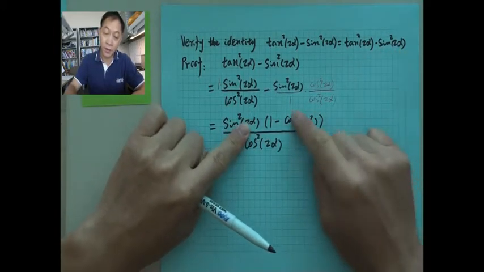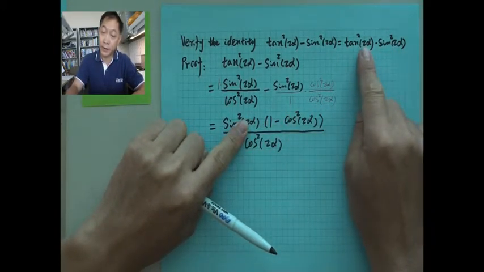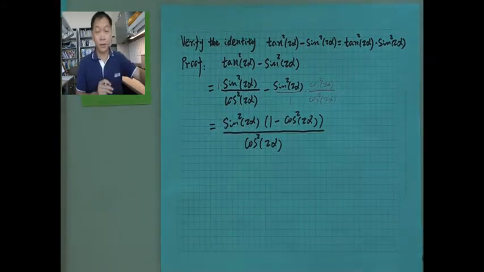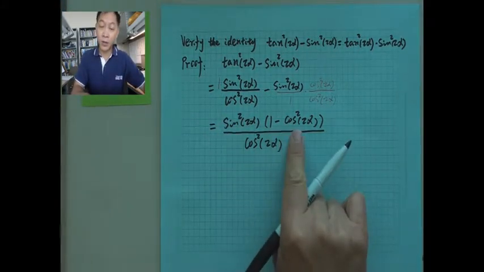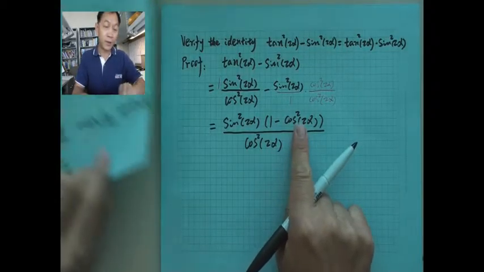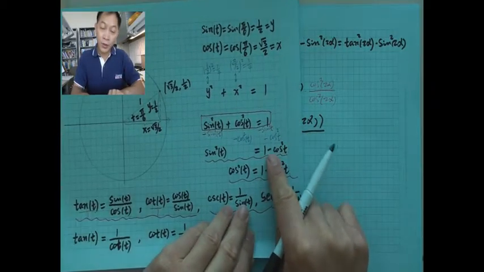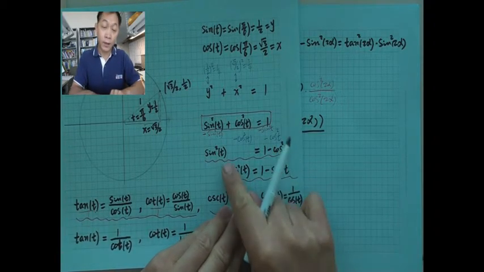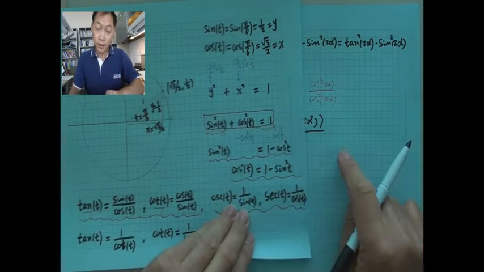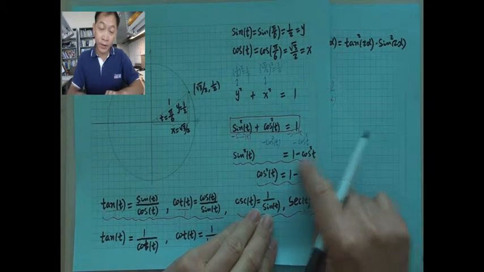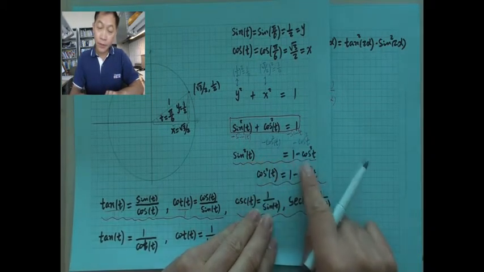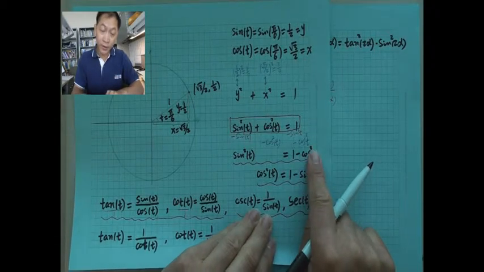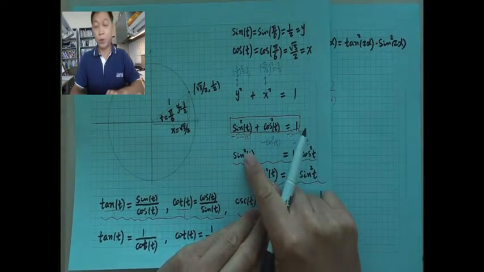The question is whether this one will be the one we wanted. The answer is yes. Look, 1 minus cosine 2 alpha squared. 1 minus cosine t squared is sine t squared. If here is 2 alpha, then here will be 2 alpha. So 1 minus cosine 2 alpha squared is sine 2 alpha squared.